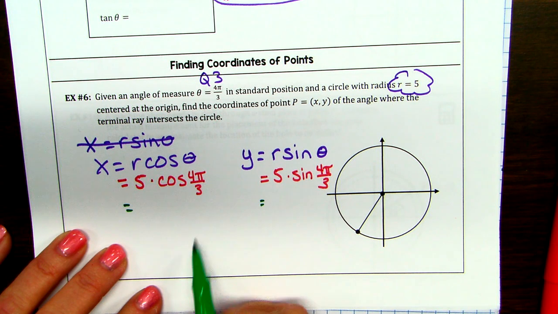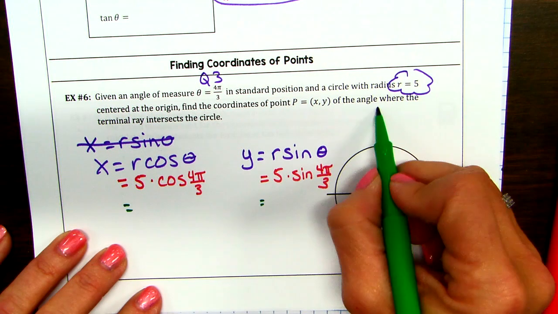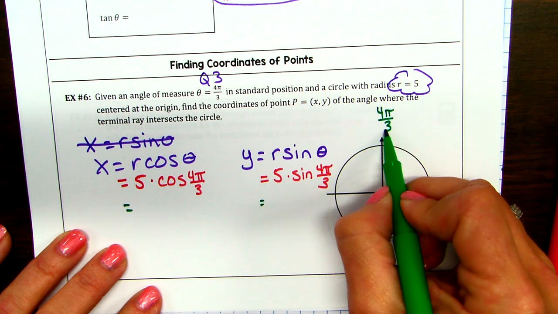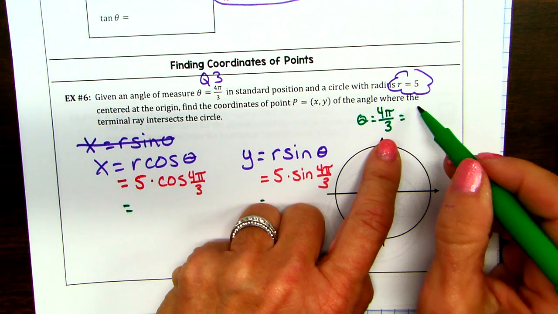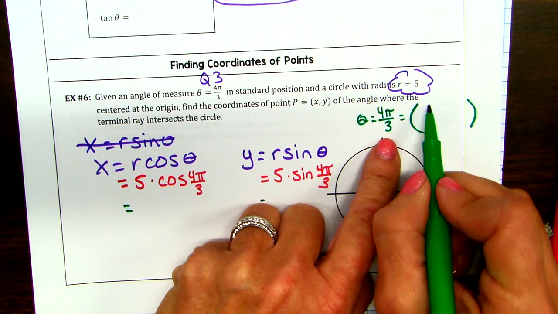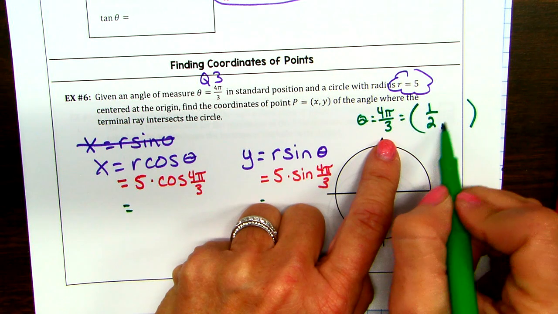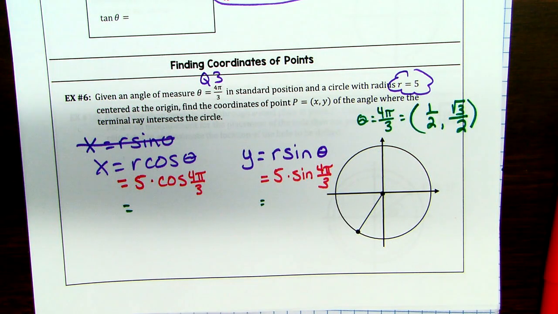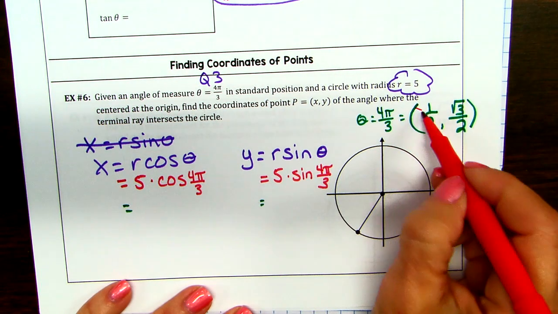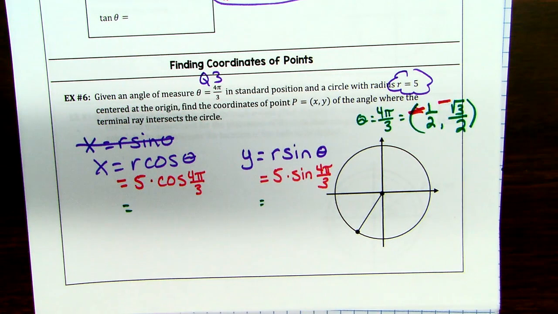Well, it comes from the ordered pair that goes with 4 pi over 3. Remember, we look at our denominator. Anytime you have a denominator of 3, we start with 1/2. Those are the angles closest to the y-axis. And we're in quadrant 3, so everybody's negative.